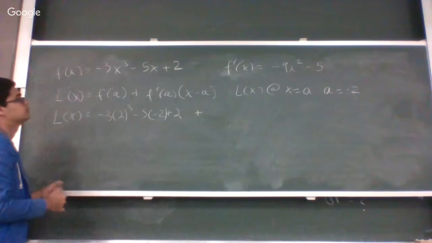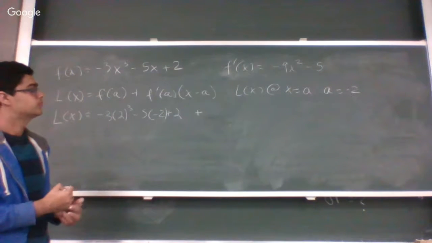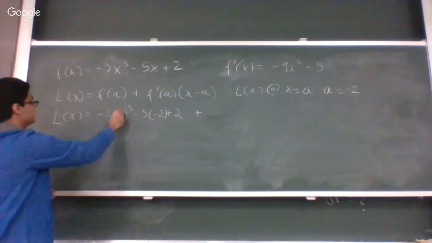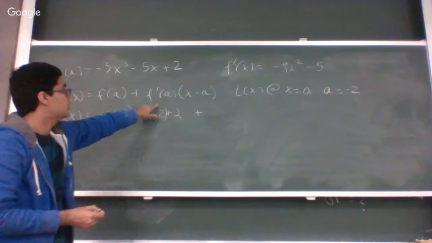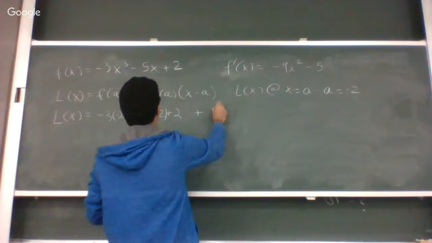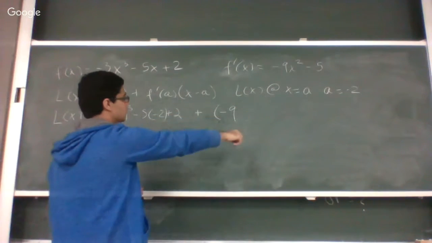Okay? Then f prime of a, we know that. What is a? a is negative 2.